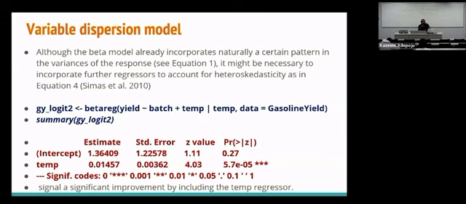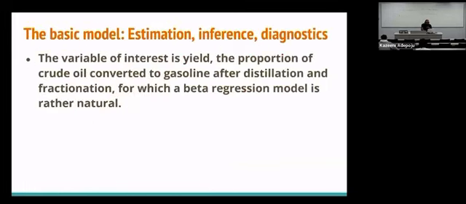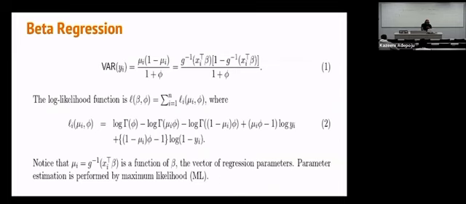Even though the beta model already incorporates naturally a certain pattern in the variances of the response, because of what we did before in equation one, if you take a look at equation one here, you see the variance of y, right?